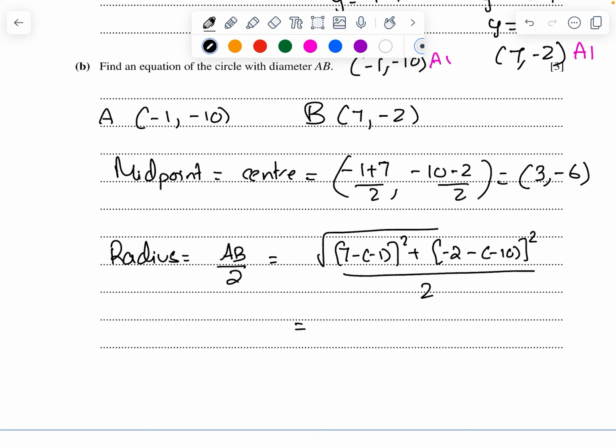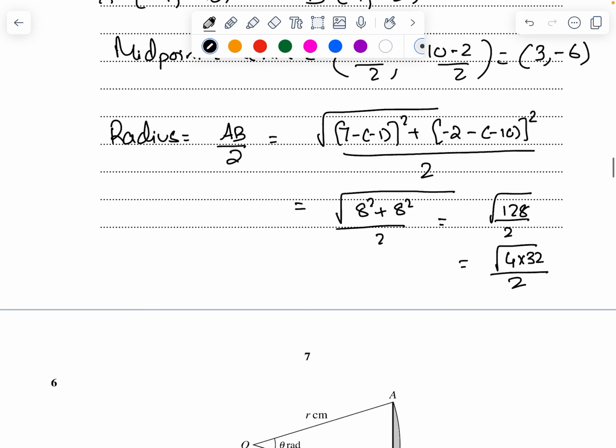So that gives you square root of 8 square plus again 8 square, divided by 2. Square root of 128 divided by 2, which is square root of 4 times 32 divided by 2, which is 2 root 32 divided by 2. So the radius is square root 32.